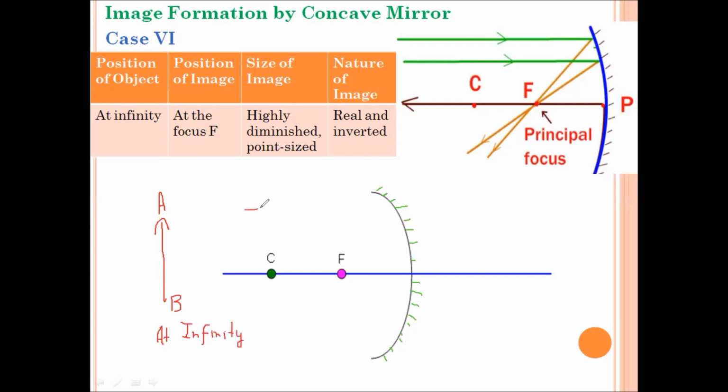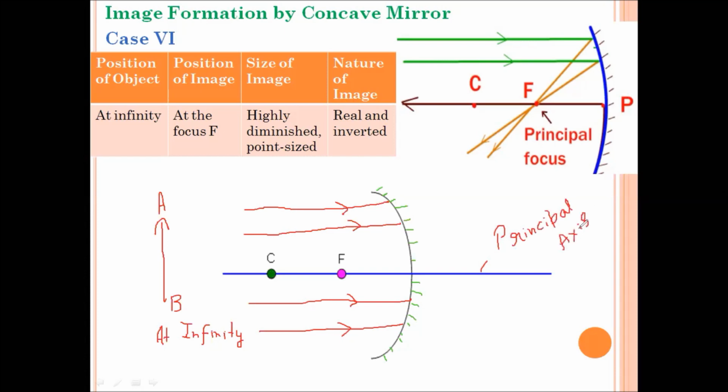The rays which are coming from infinity are parallel. So we can draw parallel rays here. And we know the rays which are parallel to the principal axis will pass through the focus after reflection.